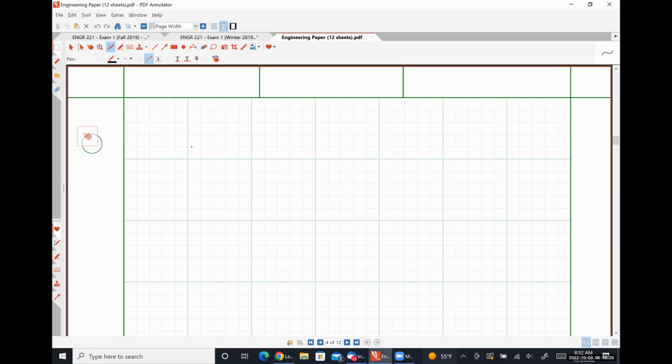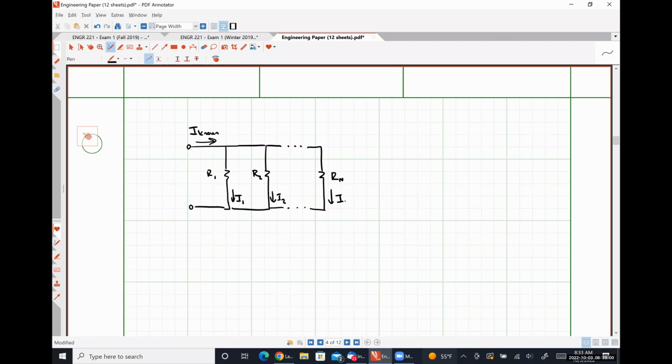Just the generic equations for them. When we have a network containing multiple resistances in parallel, and we have some known current flowing in, let's call these I1, I2, and I sub n.